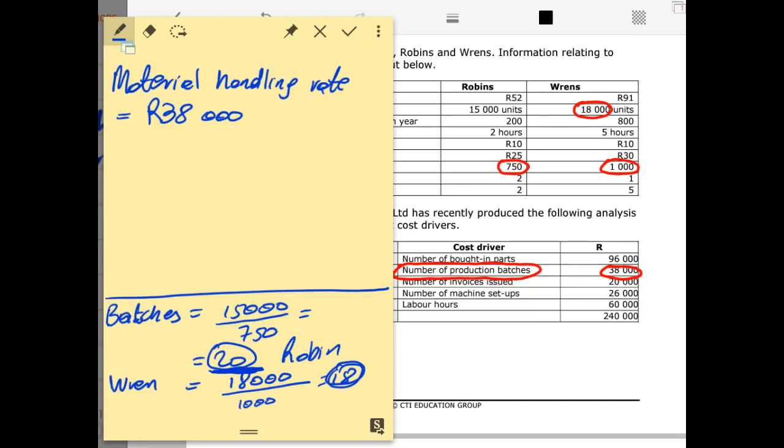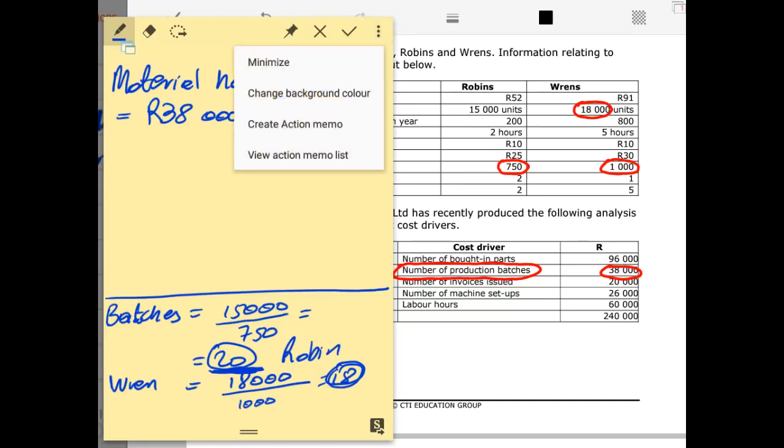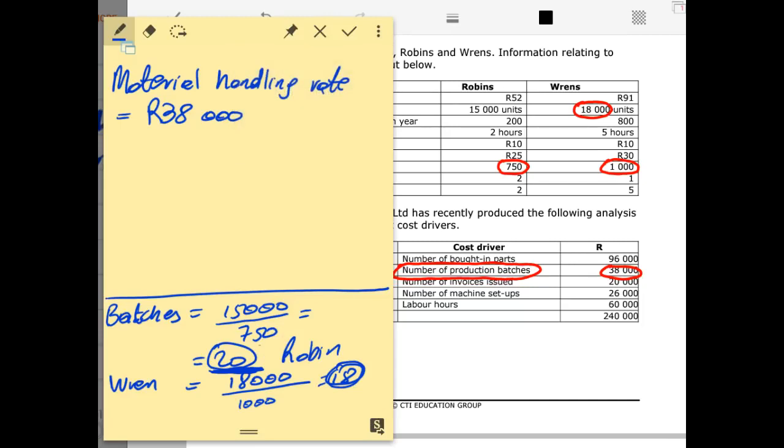So now let us do the calculation of this overhead, which is material handling cost. So now we have our total of the base being 20 and 18. That means it becomes 38. So we say 38,000 rands divided by 38 batches.